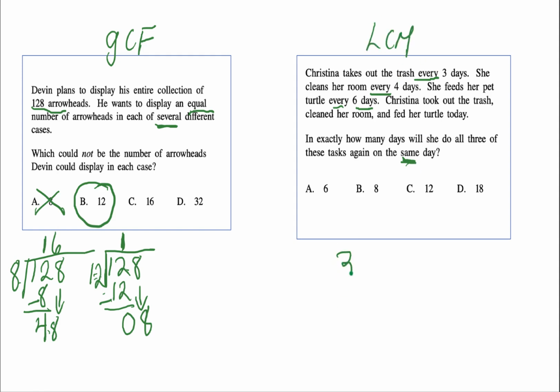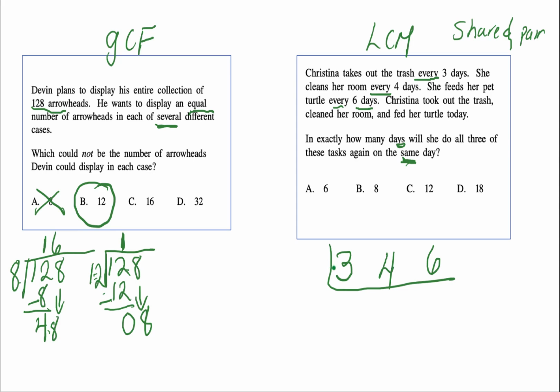So we have 3 because they want to know how many days. So we're looking with the 3 days, the 4 days, and the 6 days. So we're going to begin to divide. Now remember when you're finding LCM and it's 3 numbers, remember what I taught you. Share and pair.